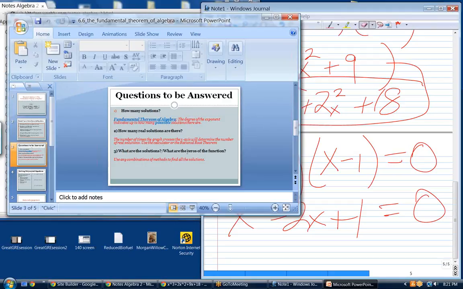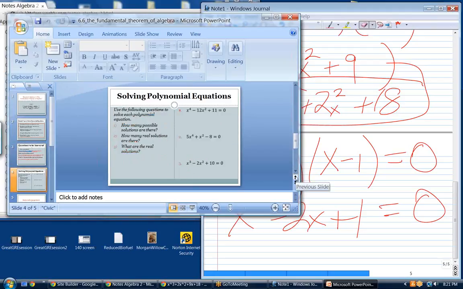We just talked about that also. If it only crosses one time, there's only one real solution. If it crosses 3 times, there are 3 real solutions. Use a combination of all of the methods to find the solutions. Well, we know how to do that.